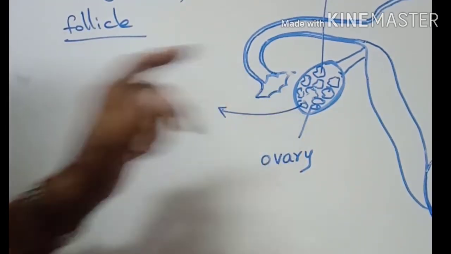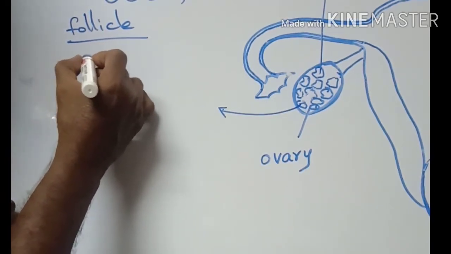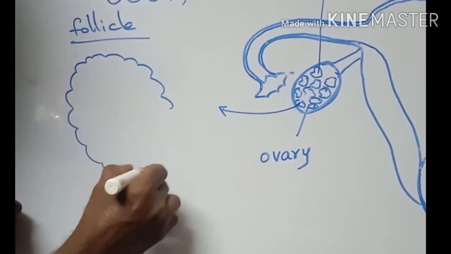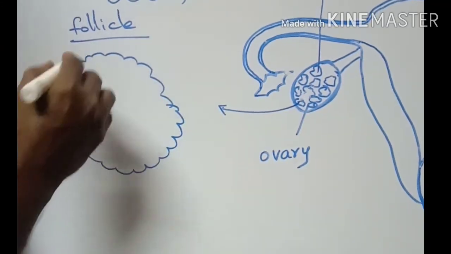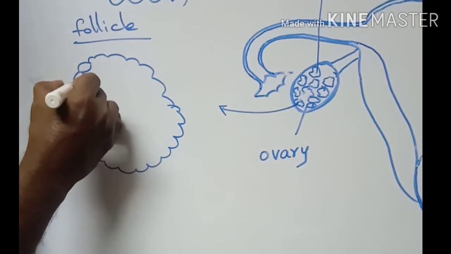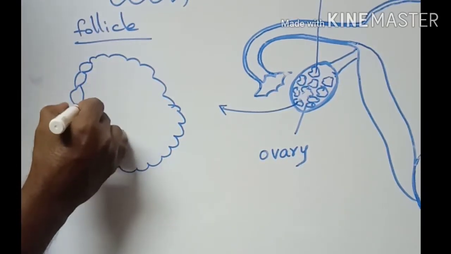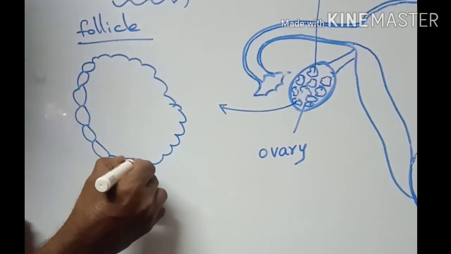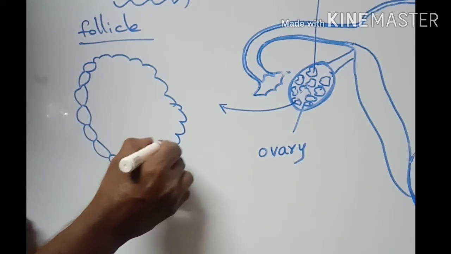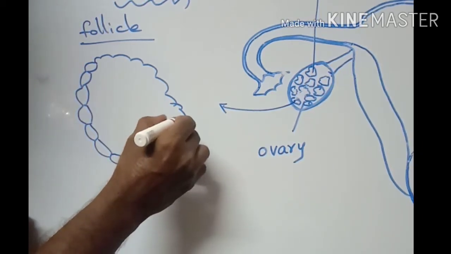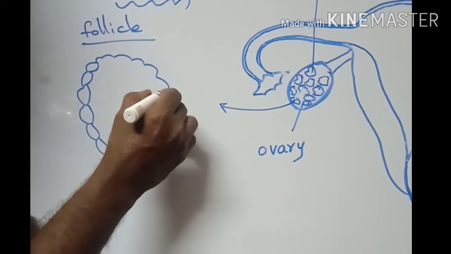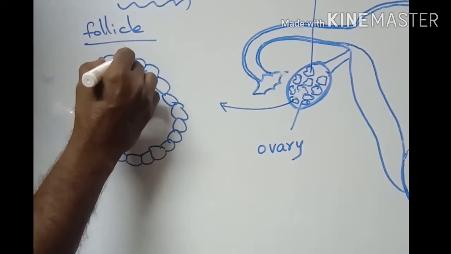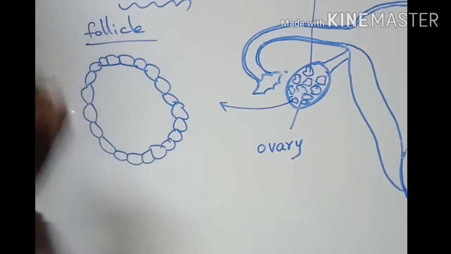So when we show one follicle here, the follicle is present in circular form, in a circular way.